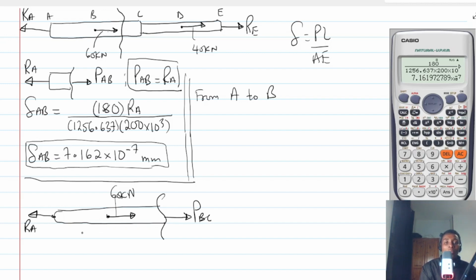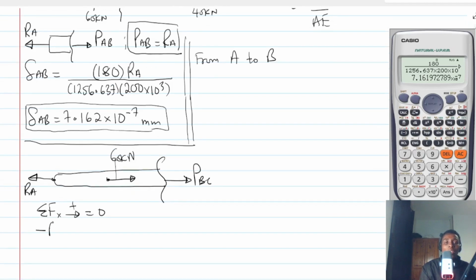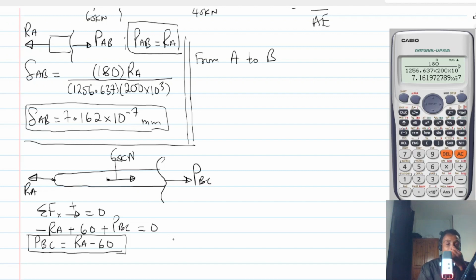So from equilibrium, the summation of forces, every force in this direction is positive, should be 0. So minus RA plus 60 plus PBC should be 0. So PBC will be RA minus 60. In other words, to get PBC, it is RA minus 60.